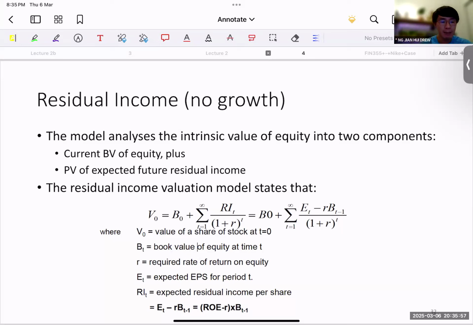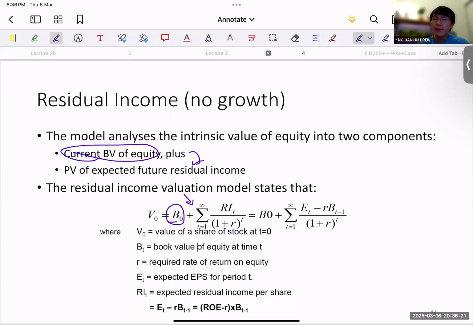This residual income model starts off with your book value of equity, and then you add on any additional income that you receive, which is called residual income. So you start with book value of equity, then you have a summation of all your RIs.